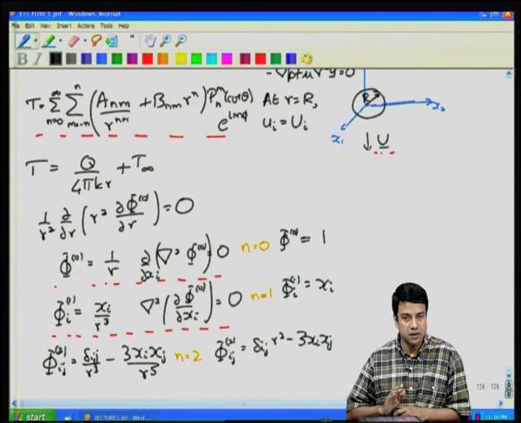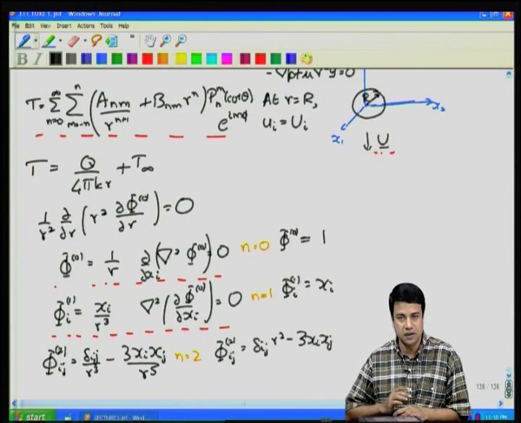The next solution corresponds to a dipole, which is a source and a sink of equal strength, in the limit as the distance between them goes to 0, but the dipole moment, the source times the distance, remains finite.